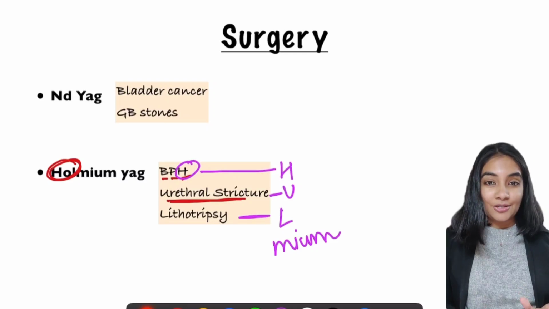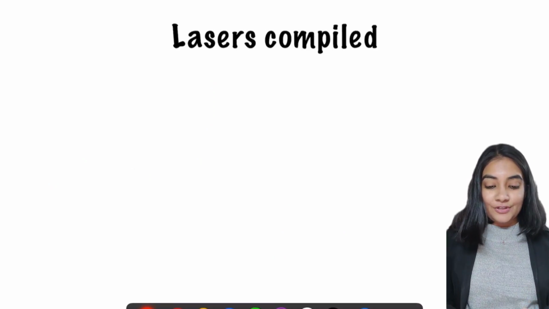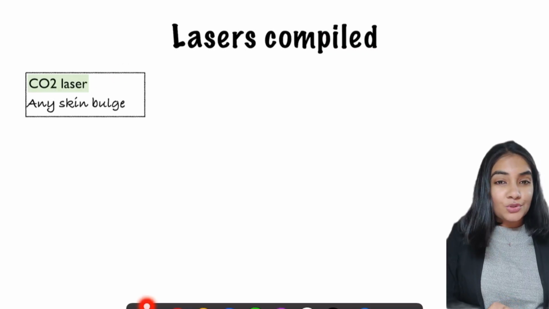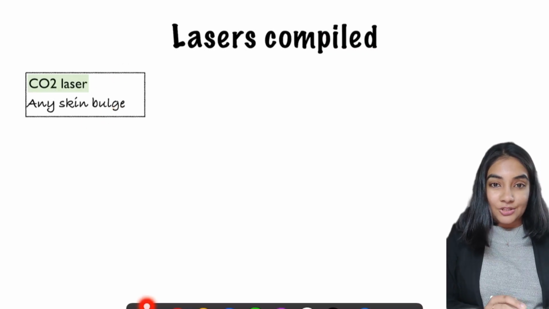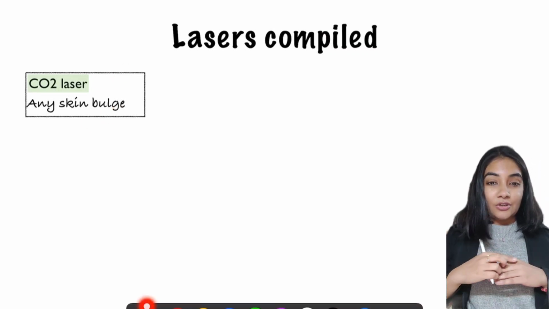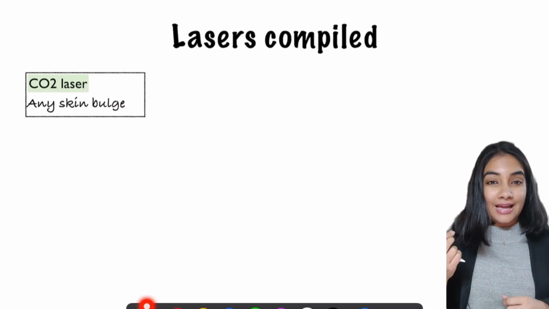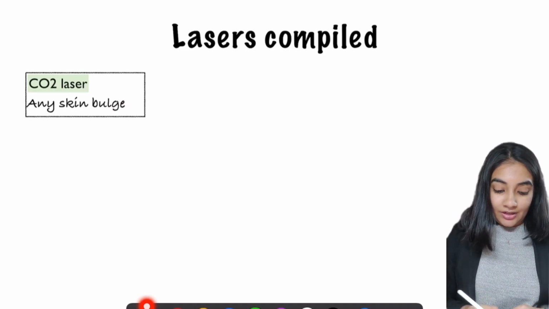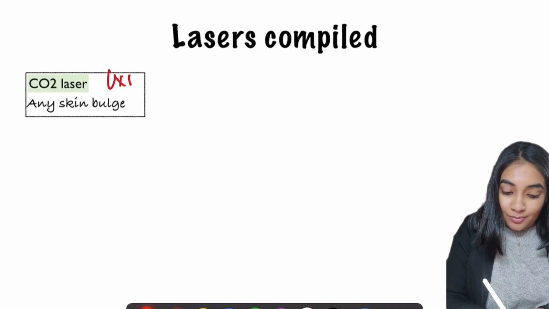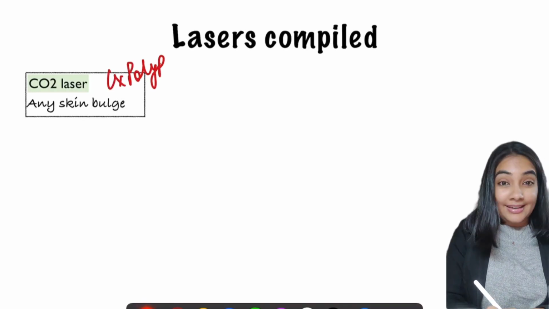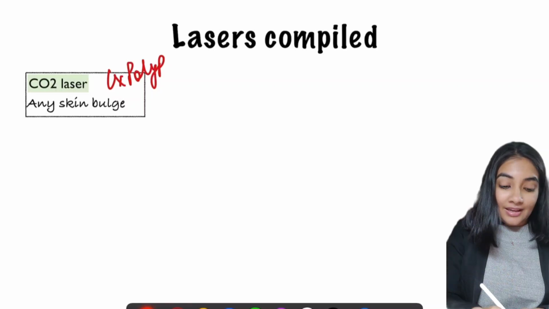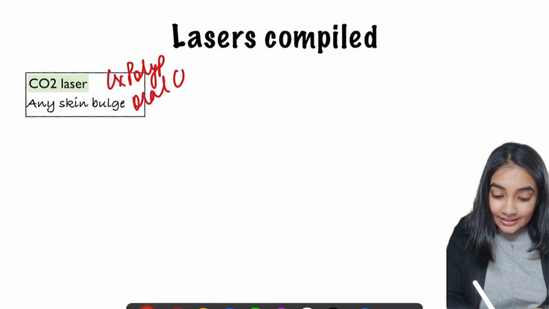Let's compile them into a master chart. First off, we have the CO2 laser, which is used for any kind of skin bulge. So either your warts, moles, acne or something, or any bulge in ENT. So your laryngeal polyps, laryngocele, saccule comes out, any oral cancer.